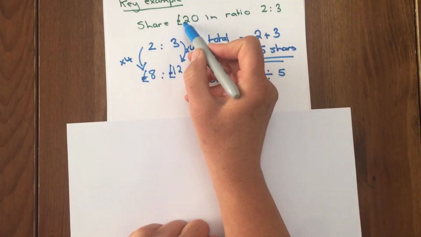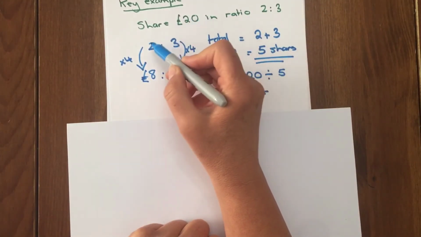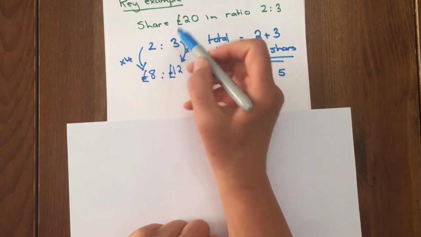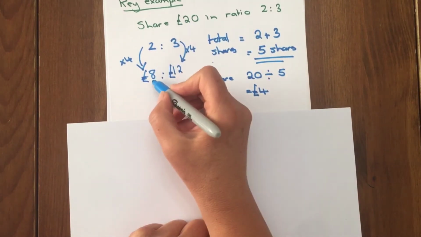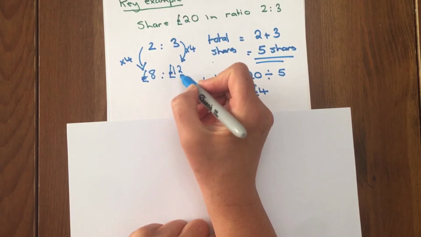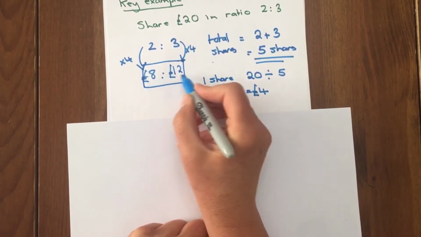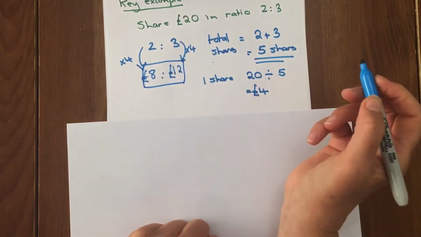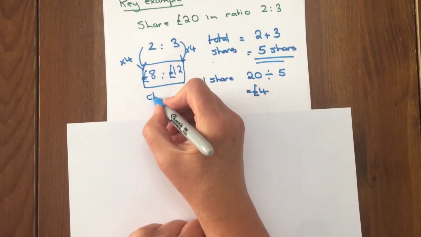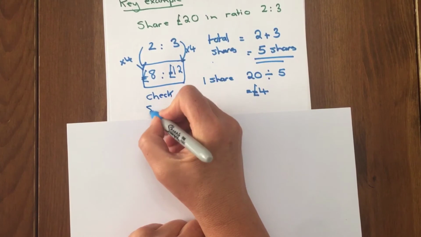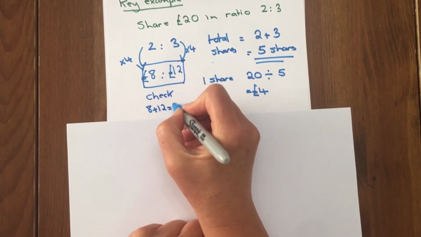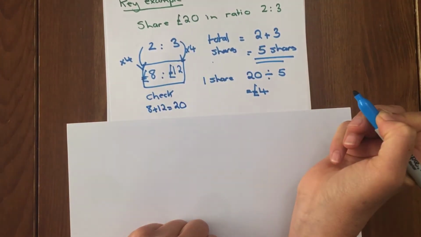So I've divided £20 in the ratio 2 to 3, which is the same as saying one person gets £8 and the other gets £12. You can check your answer because these two will add up to £20. So that's a check. Check 8 plus 12 equals 20.